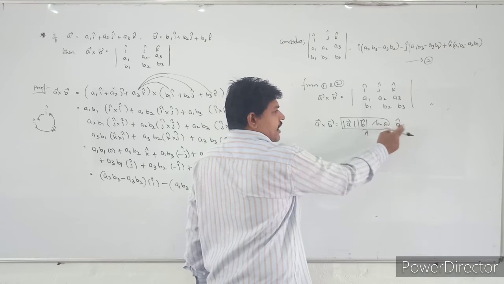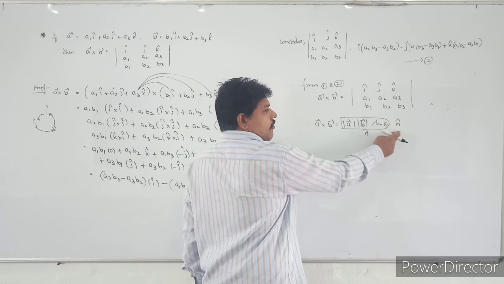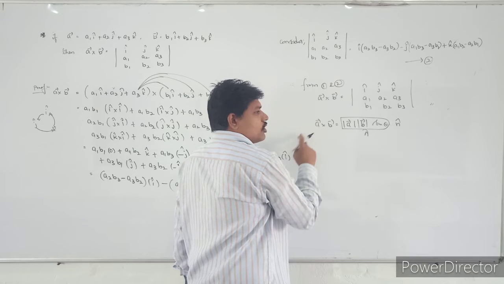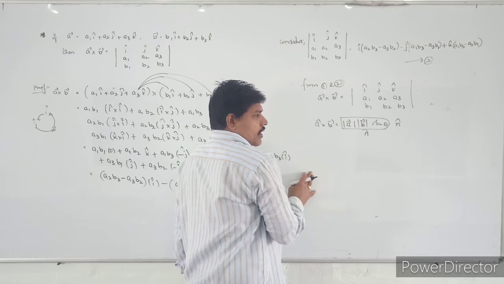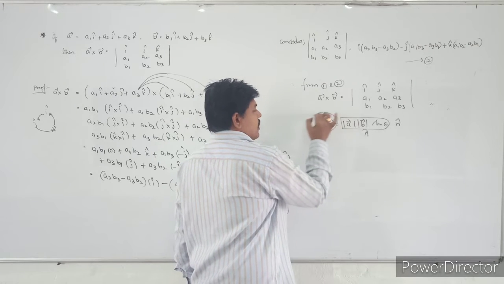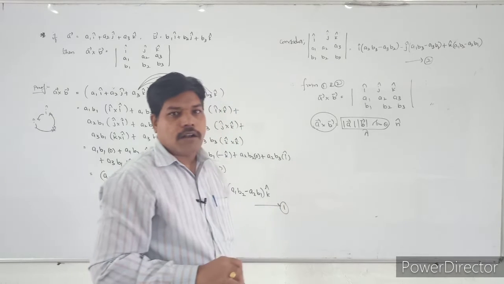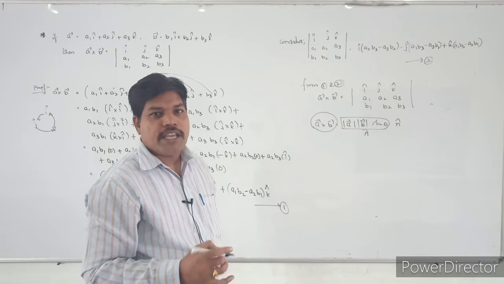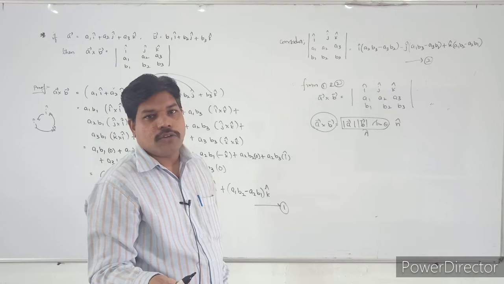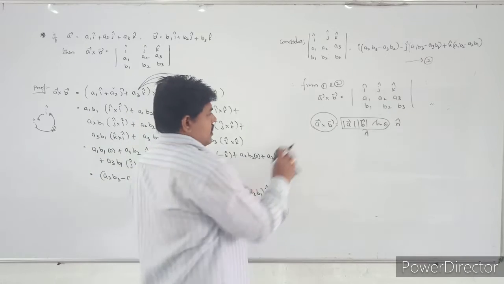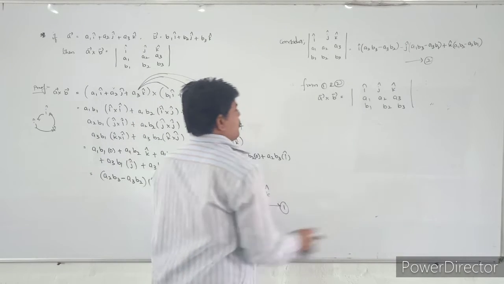What is the N cap? N cap is a vector perpendicular to both A and B. That means A bar cross B bar is a vector perpendicular to both A bar and B bar. So that is an important point.